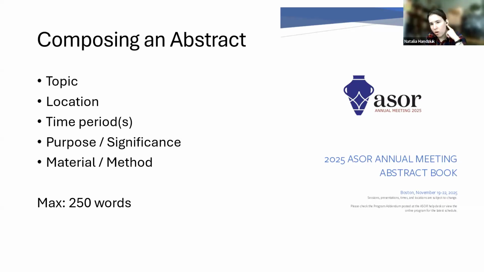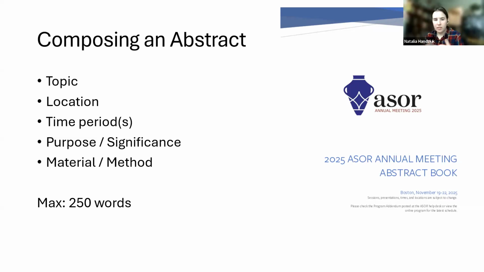The pieces that you want to have in your abstract, for me, who is adjudicating the abstracts, as well as in the book for your audience that's going to be looking at them, is the topic. You want to be clear about what it is you're talking about. Also, explicitly give the location, and location can be as specific as a site location or as general as a country or a region, but we need to know where the material is coming from.